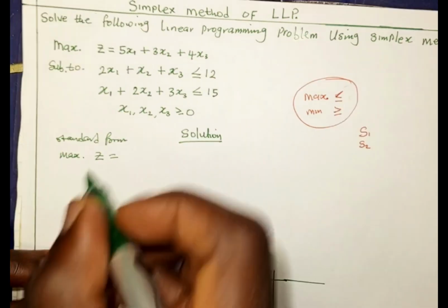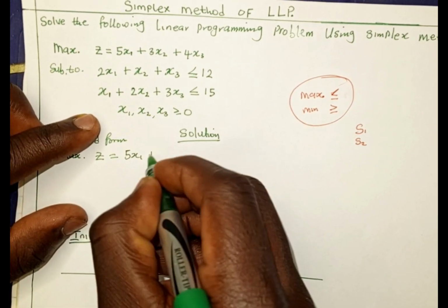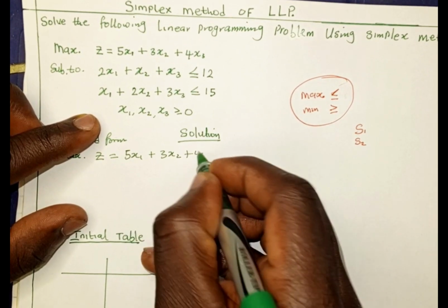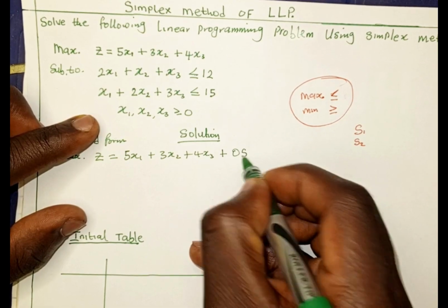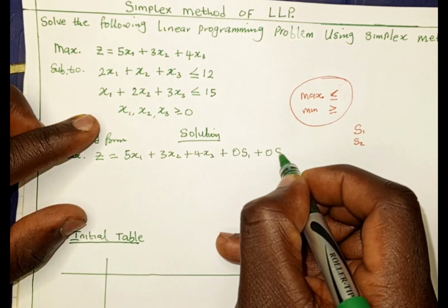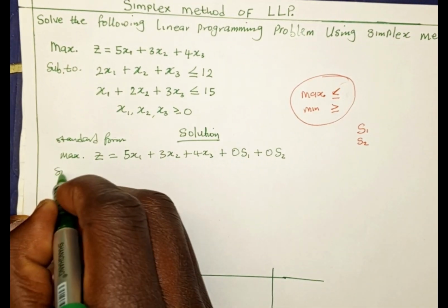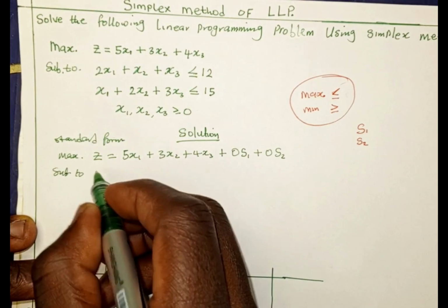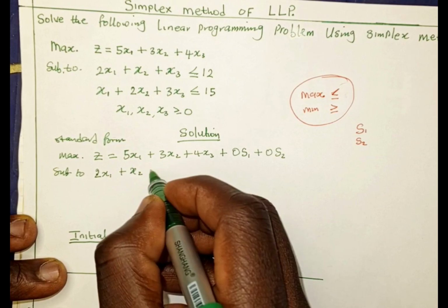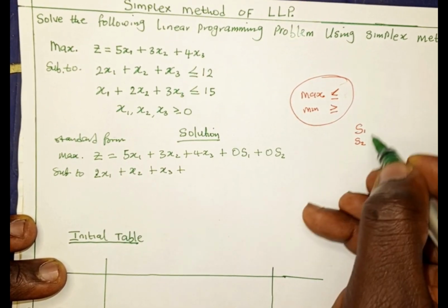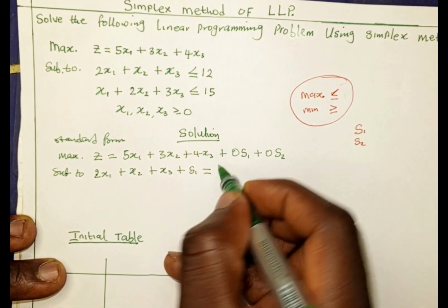So let's see how it's going to work. The objective function, we have 5x1 plus 3x2 plus 4x3, then we add the two slack variables, 0 as coefficient of S1, then plus 0 as coefficient of S2. So we are done with the objective function. Subject to, we have 2x1 plus x2 plus x3 plus the first slack variable S1 with the coefficient of 1, which is going to be equal to 12.